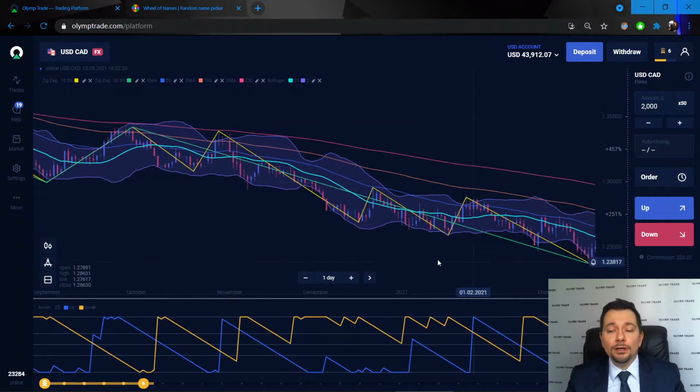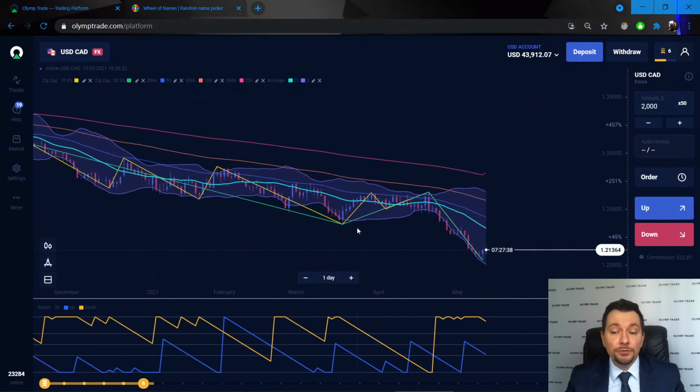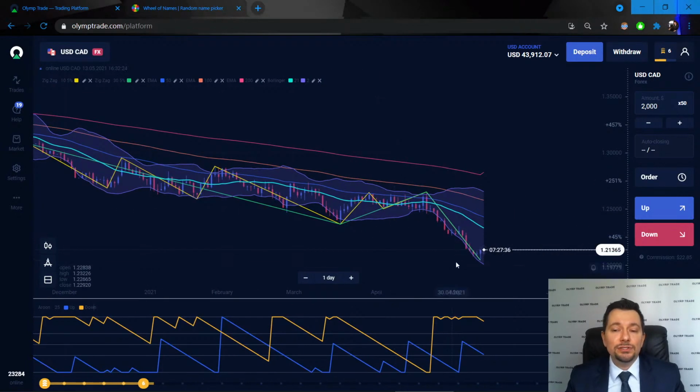And how you can read this indicator, there's again a few things that it gives us. It gives us when we should open a sell trade. So right around this level, when we cross the 50 line with the down line, that means it's a good time to buy. Another time to buy, a little bit before that, is when we have a cross.